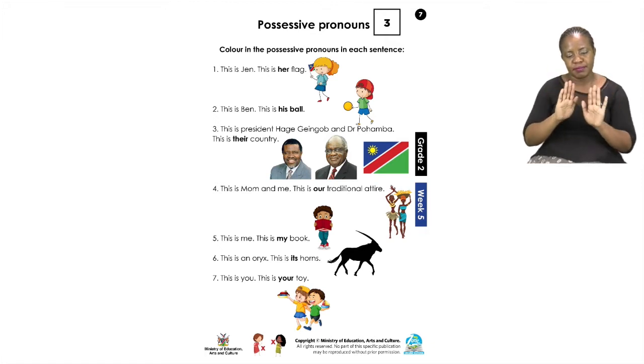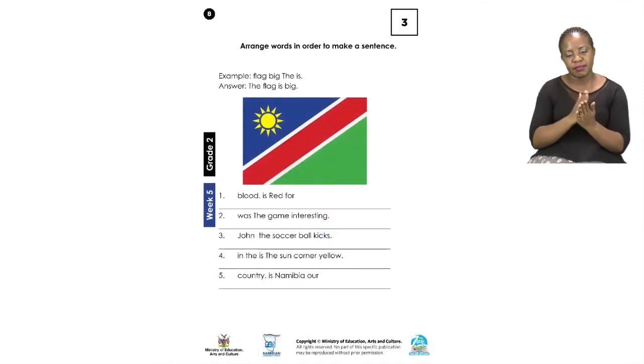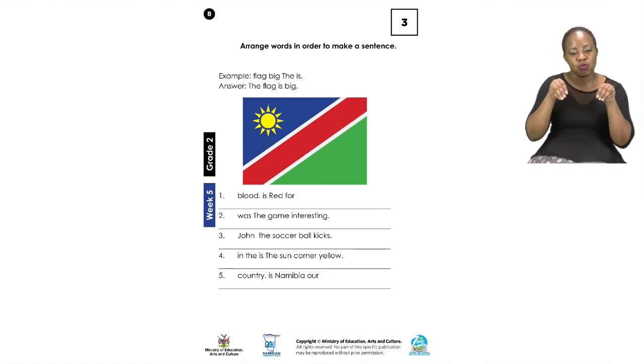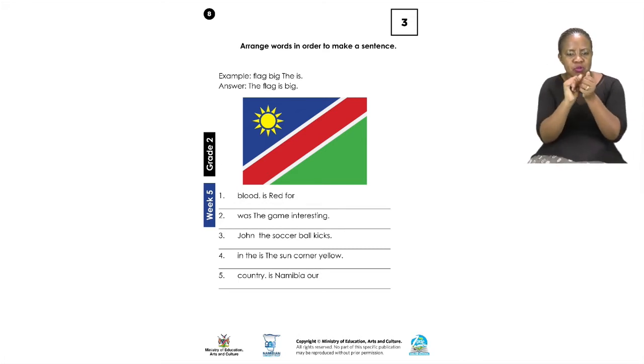Now, let us go to page 8. On page 8, we are doing sentence construction. You are going to make sentences, but instead of making them from scratch, the words are already there. It is going to be your job to arrange the words in order so that the sentence makes sense.